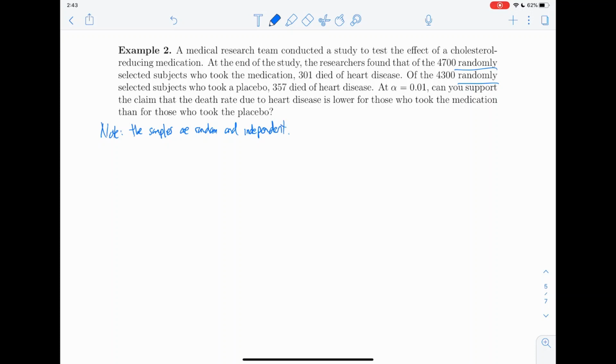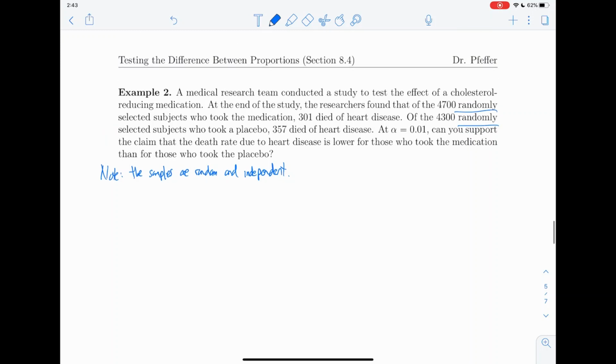The next thing we need to do is figure out what our weighted estimates are, P bar and Q bar. But remember, that required the X1 and the X2, right? So the formula for that said that X1 was equal to N1 times P1 hat. Notice here that for the first sample, we know the N1, it's 4,700, but we don't actually know the percentage of people that died of heart disease.